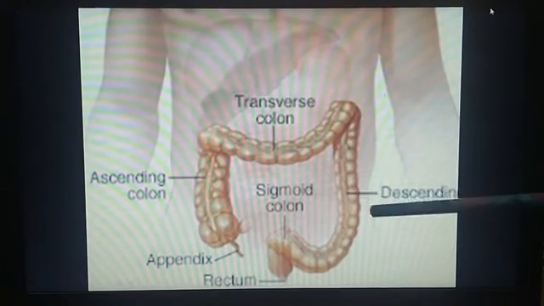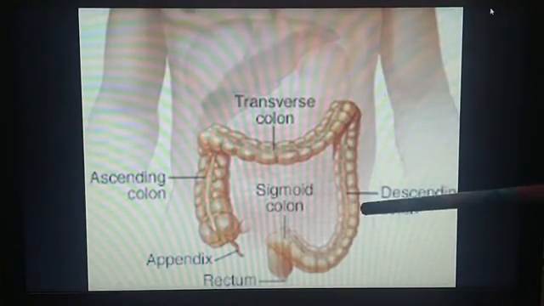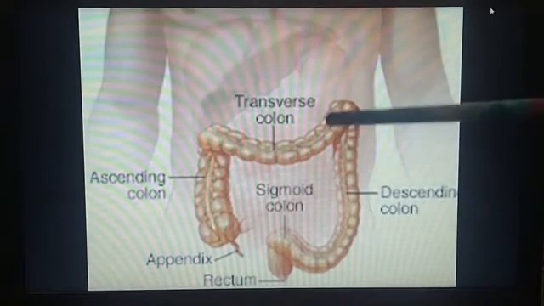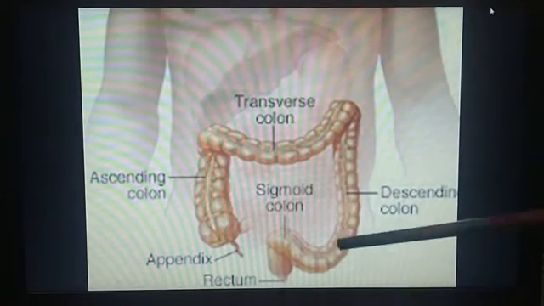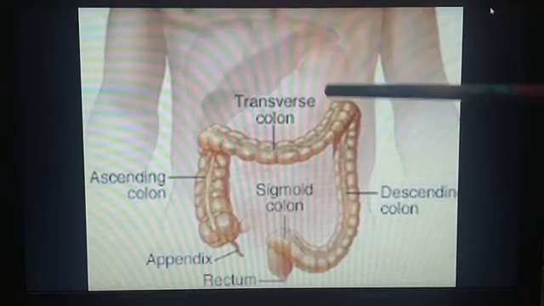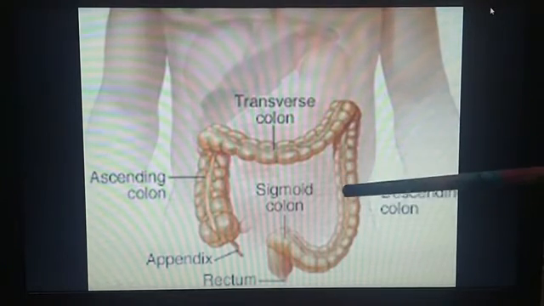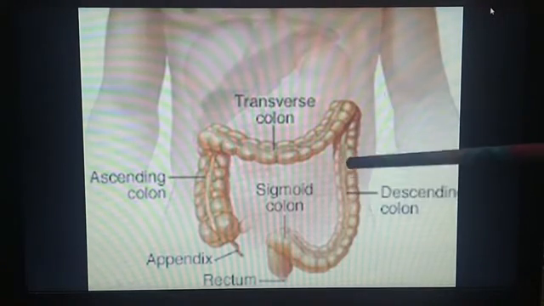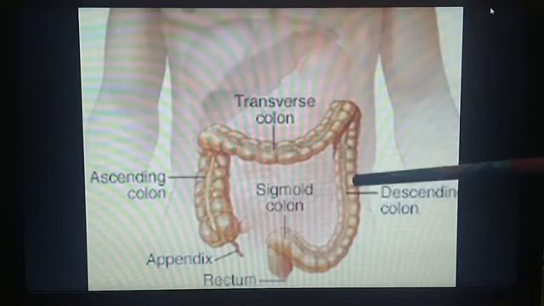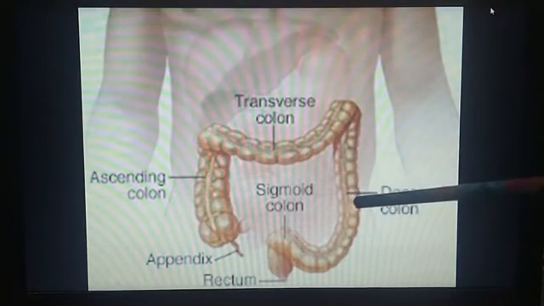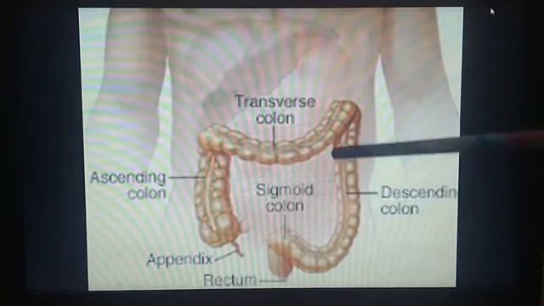The term colon is sometimes used to refer to the entire large intestine. In the colon, most of the water is absorbed and the remaining waste material is stored as feces, which is removed from the body.